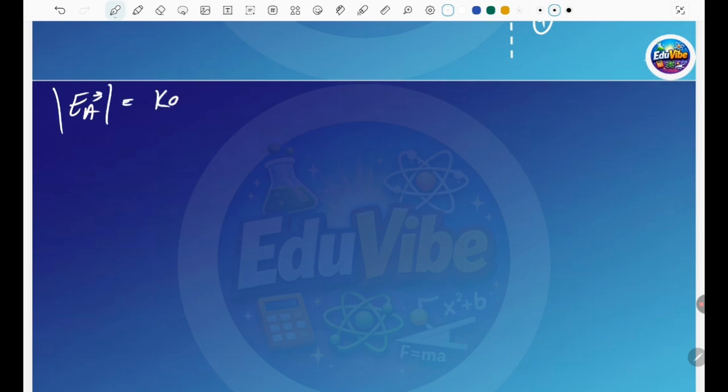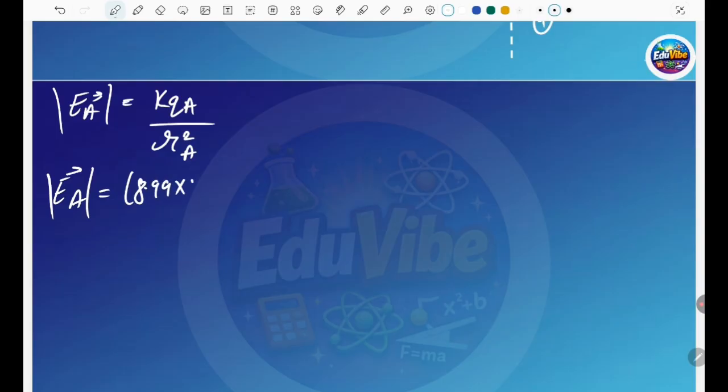So EA is k QA upon R squared. EA is equal to 8.99 into 10 raised to power 9 Newton meter squared per coulomb squared, times QA, which is 4.00 into 10 raised to power minus 6 coulomb.